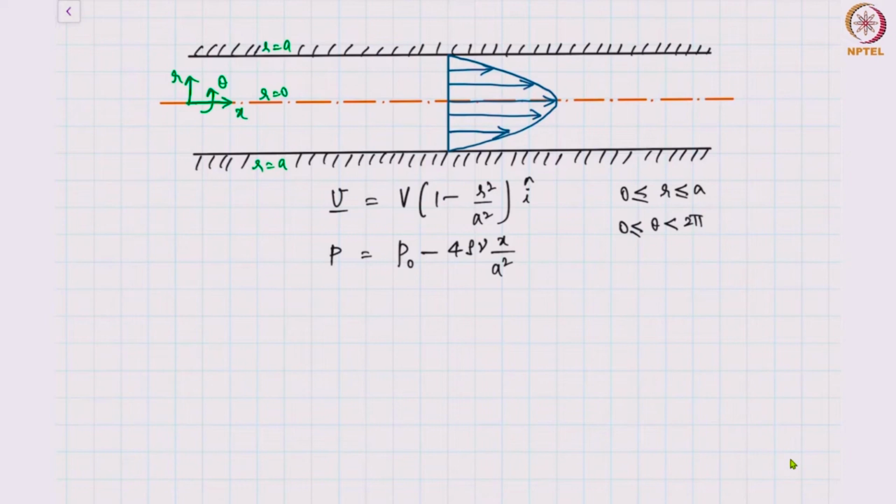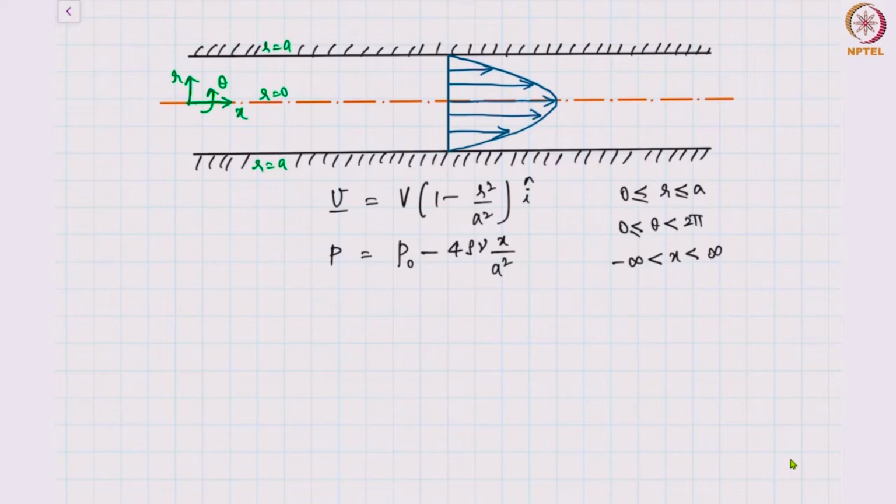This last statement I made about the Reynolds number being low is not necessarily applicable for a pipe flow. Pipe flows are an exception, but most flows, as we increase the Reynolds number, become turbulent. Now, if it's a long pipe and the flow has forgotten the initial condition, then you can essentially say x goes from minus infinity to plus infinity.